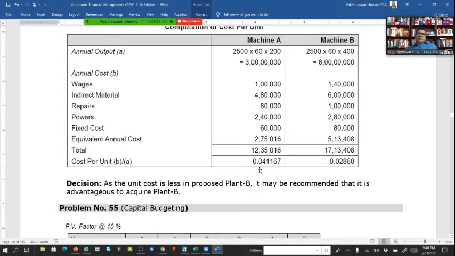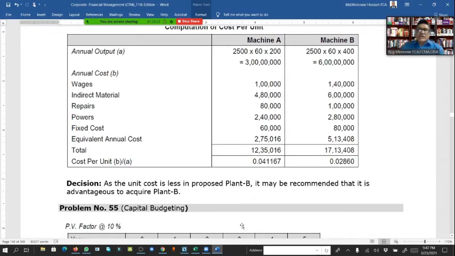Then cost per unit is 0.041. Same way, 17,13,408 is the annual cost for production from machine B, divided by the number of production units, 6 crore.